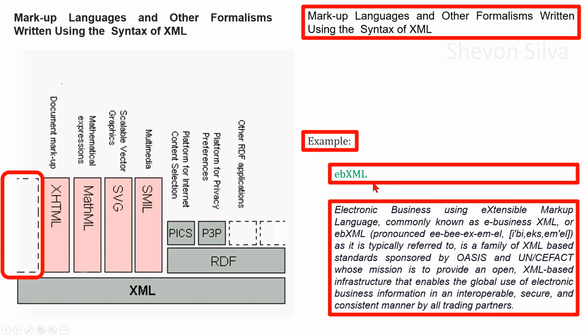As an example, we can consider ebXML, electronic business using extensible markup language, commonly known as e-business XML. ebXML, as it is typically referred to, is a family of XML based standards sponsored by OASIS and UN/CEFACT, whose mission is to provide an open XML-based infrastructure that enables the global use of electronic business information in an interoperable, secure and consistent manner by all trading partners.